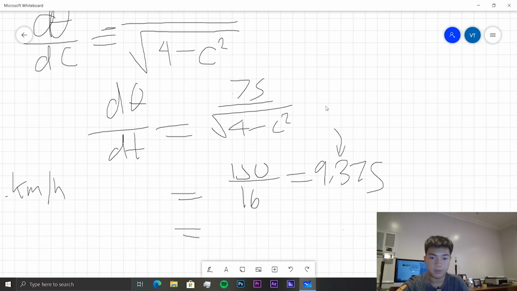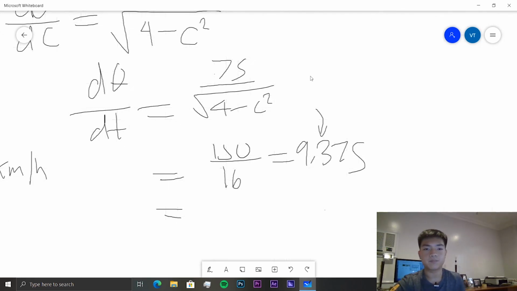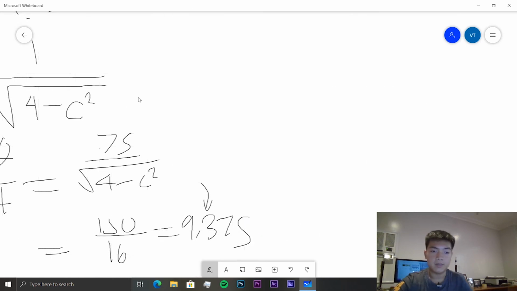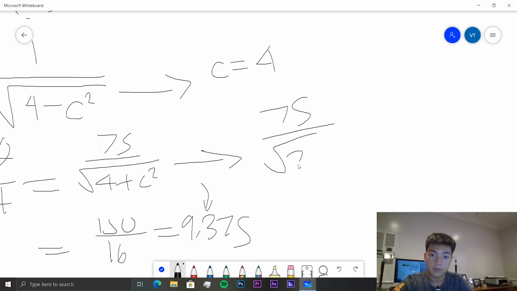So we have 16.7 radians, and then we divide by 2 pi times 360 divided by 3600. Yeah. So that was it. It should be 75 over the square root of 4 plus c squared. C is equal to 4, so we get 75 over square root 20.